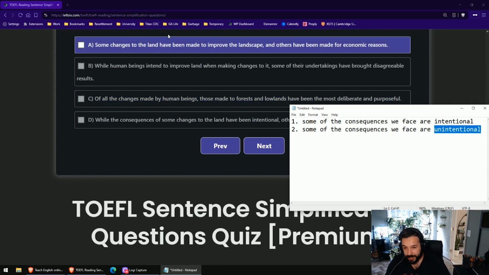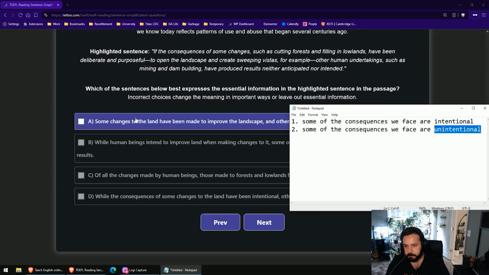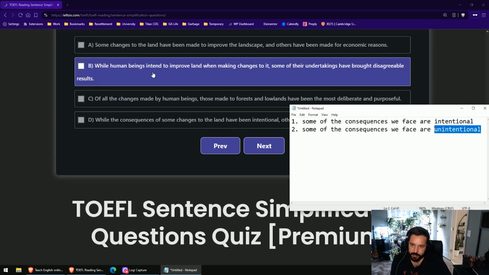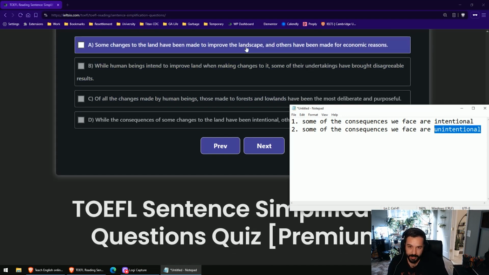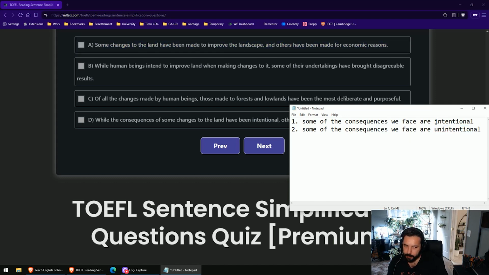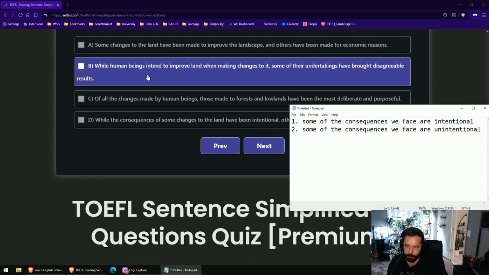If we need the examples, we'll go back and cross-reference, but for now we don't. Some changes to the land have been made to improve the landscape, and others have been made for economic reasons. We never mentioned the type of actions that we are doing, so that some have expected consequences, some have unexpected consequences. While human beings intend to improve land when making changes to it, we never said what their intentions are.